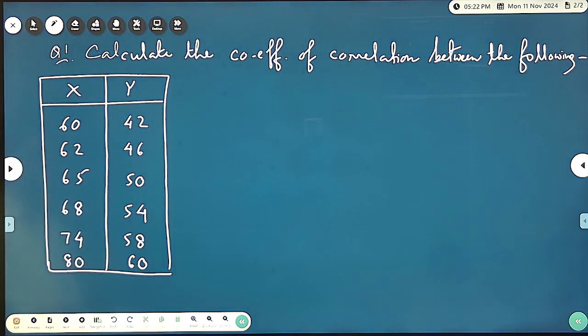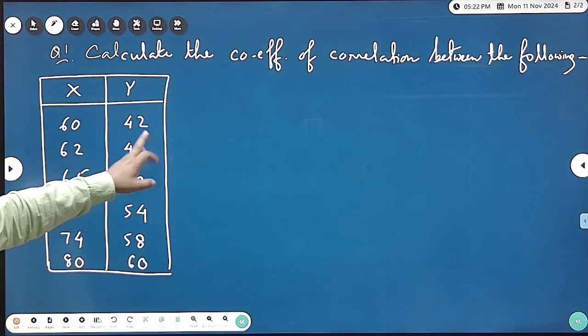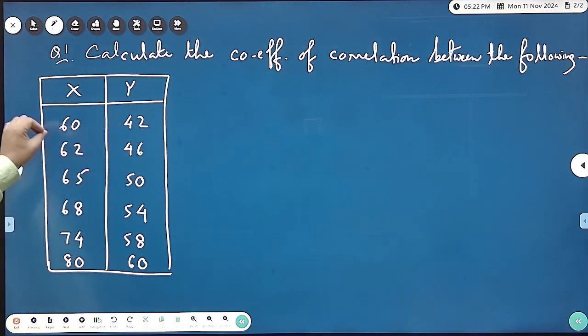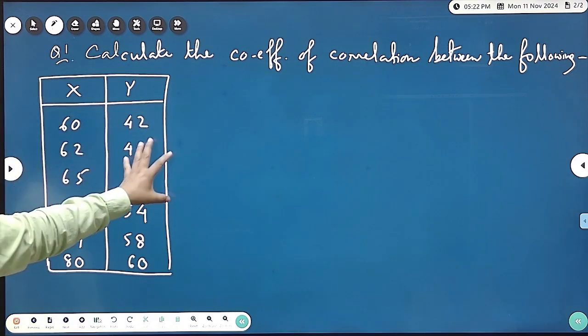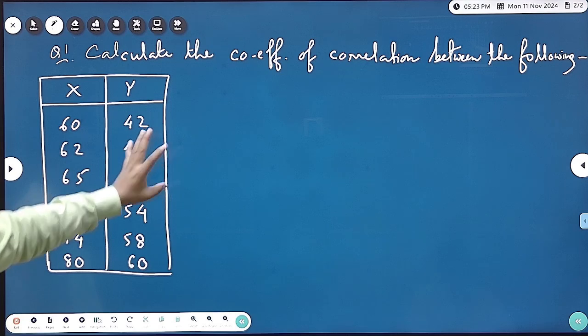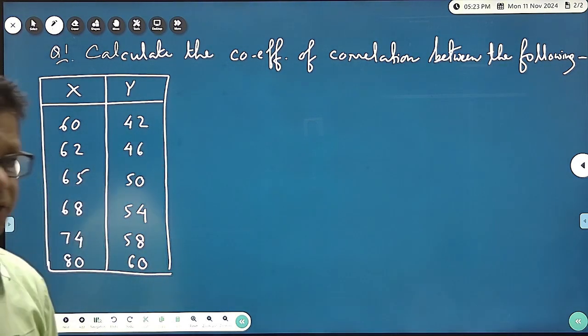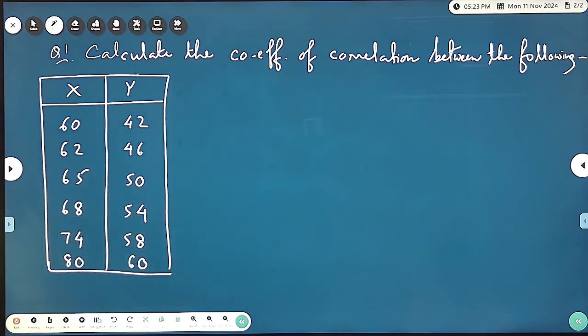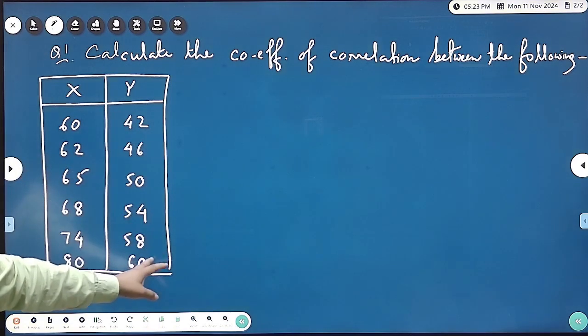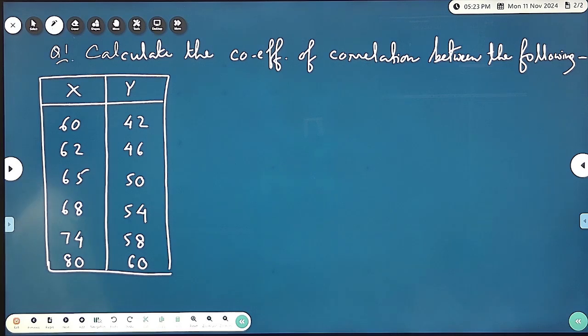Suppose 60 crore is invested, 42 lakhs is earned; 62 crore invested, 46 crore earned. Practically we don't need this right now. We just have to find the correlation coefficient. It can also be like this: this is the age of the elder brother, this is the age of the younger brother. So you need to find the correlation and the correlation coefficient.